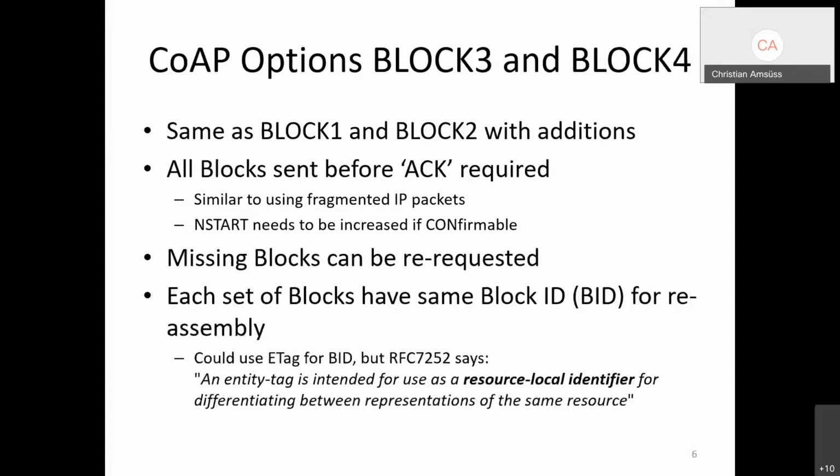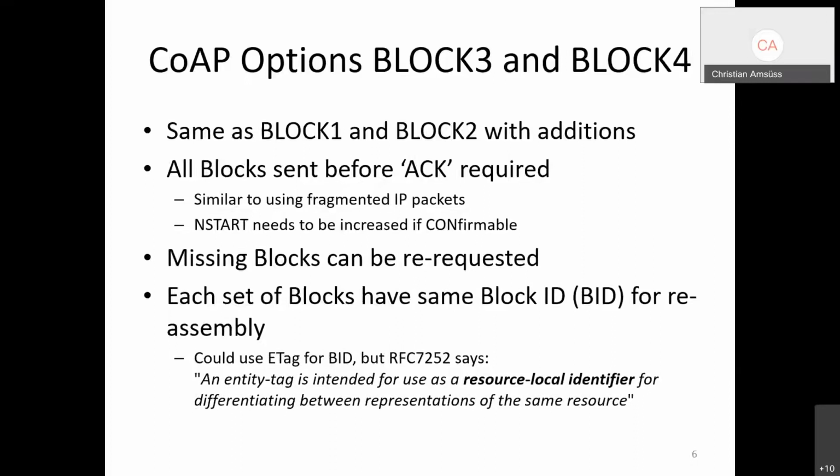So, for example, on the missing blocks re-requesting, this should be quite straightforward for the block 3 case or the block 1 case, if there is just a response sent by the server that indicates which blocks are missing at the point in time when it comes to processing that put.